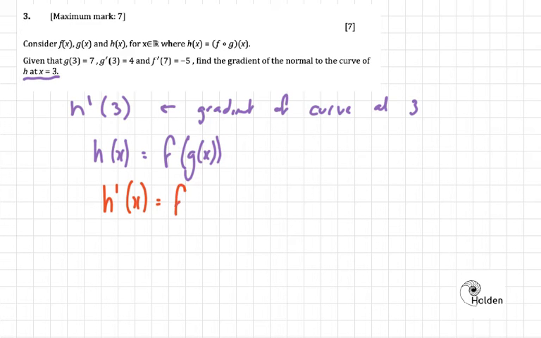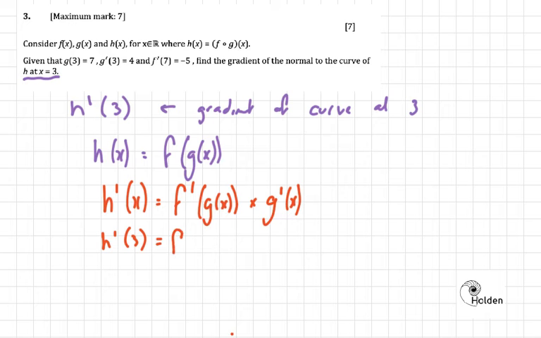We need to find f'(g(x)), but then we need to multiply that by g'(x). Not as scary as it seems, because when we want h'(3), we're going to go for f'(g(3)) times g'(3). Let's just write this out in full.